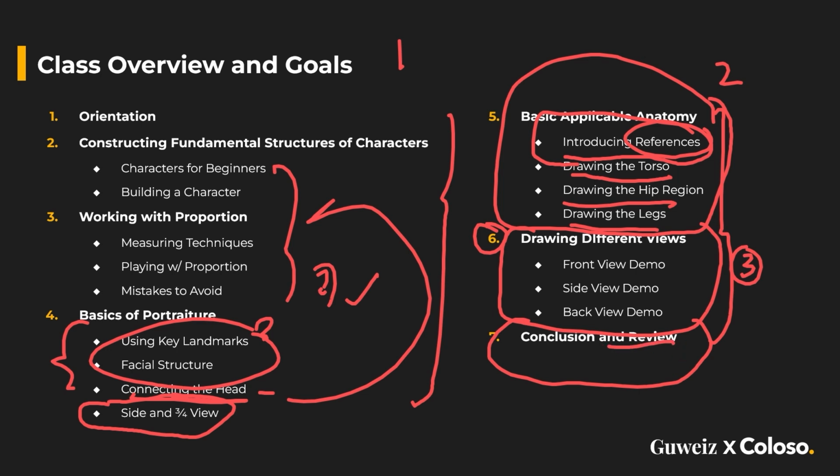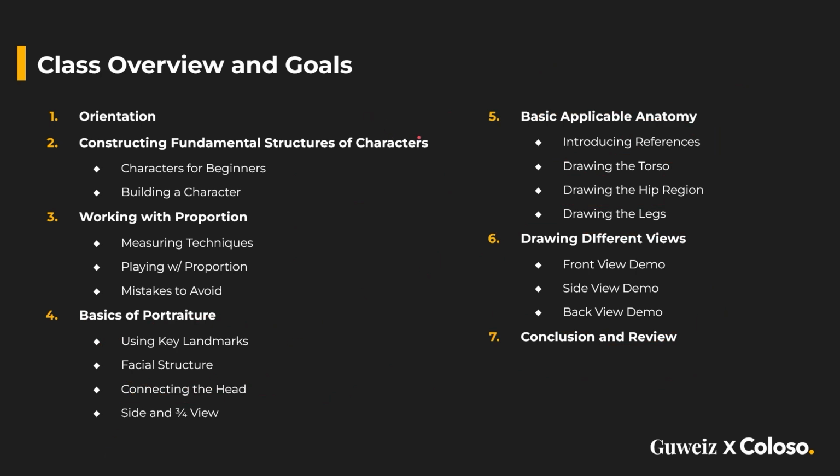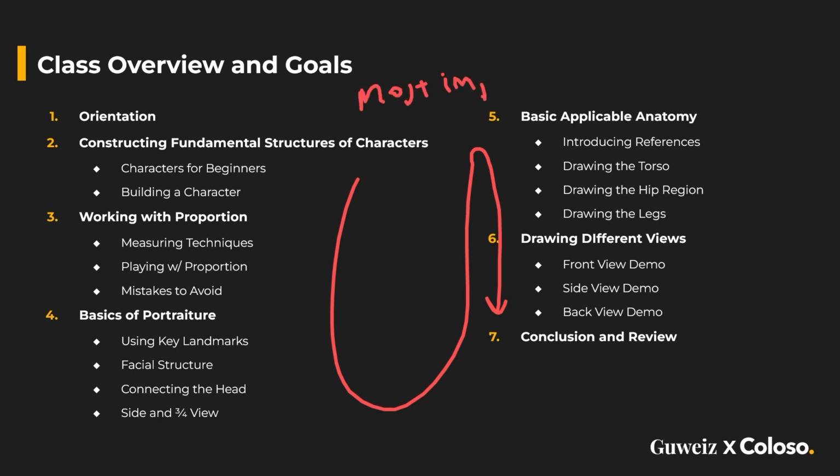So this basically concludes our class overview, what you can expect this time. As you can see, a lot of these elements and the order they are going in is very much ordered in a way to go from the most important to the least.